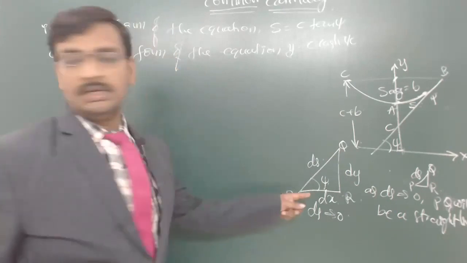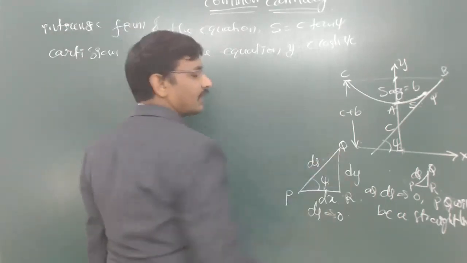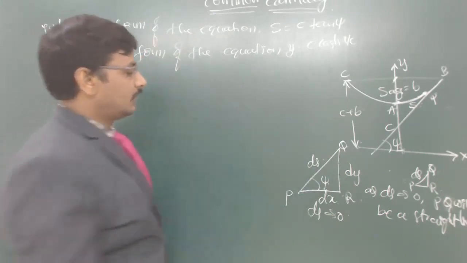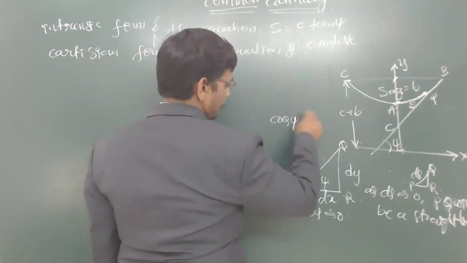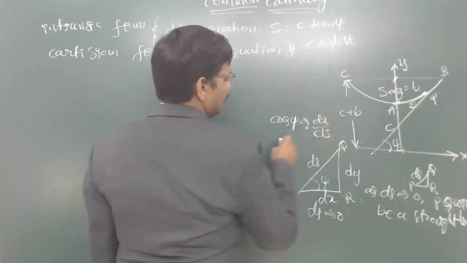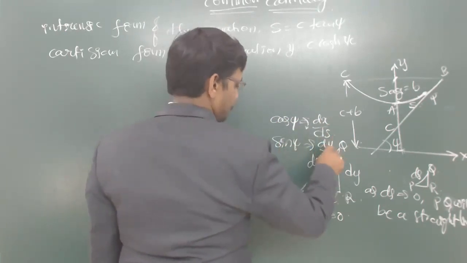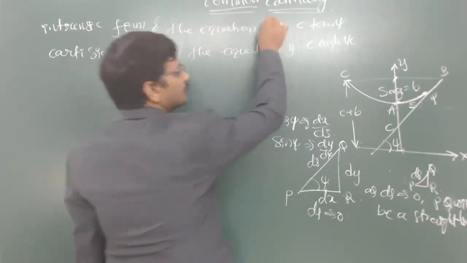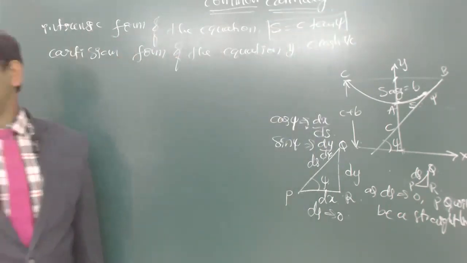So one important conclusion we can make out is that this is a right angle triangle. So here cos psi is equal to dx by ds, and sin psi is equal to dy by ds, and we have the intrinsic equation, that is S is equal to C tan psi, right?